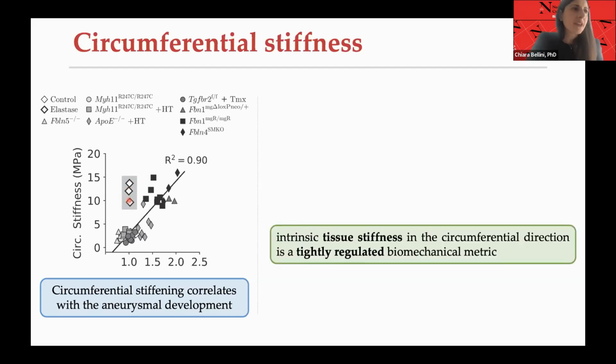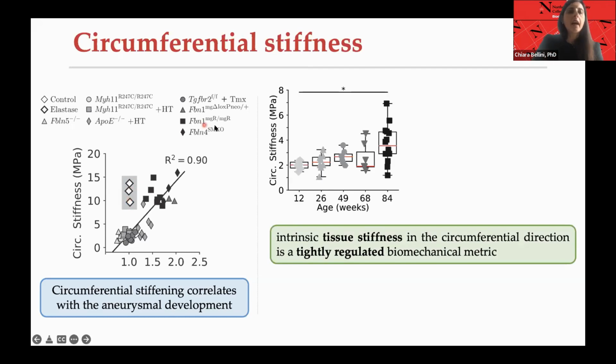This is very intriguing since current evidence suggests that circumferential material stiffness is a highly regulated parameter. To convince you of that, I'm showing here a plot of intrinsic stiffness of tissues in the circumferential direction that progressively increases with age in the female wild type ascending aorta, but only significantly so between the first and the last time point.